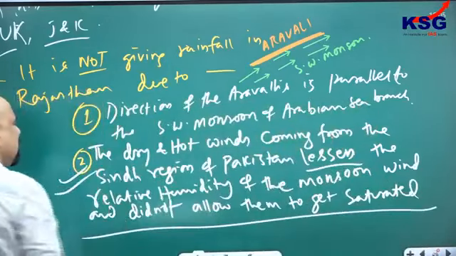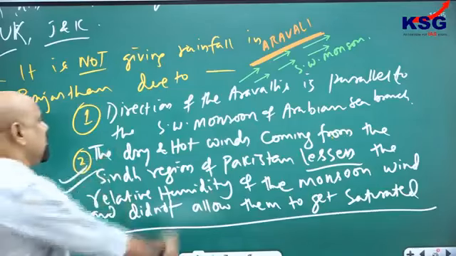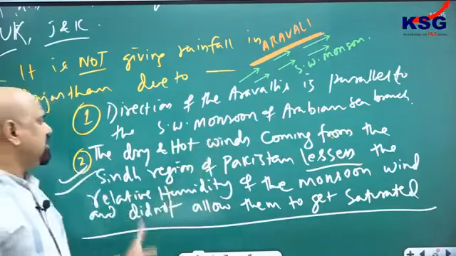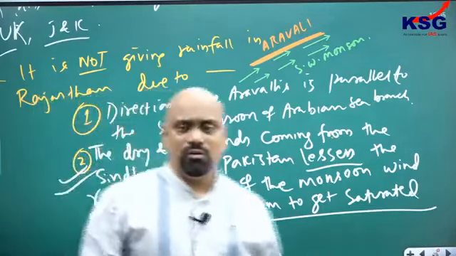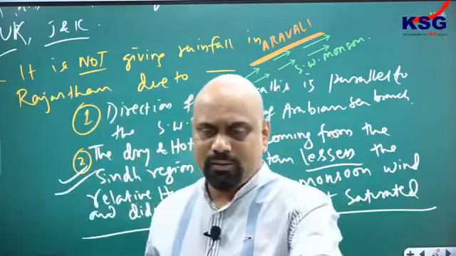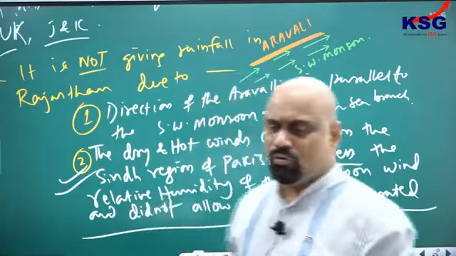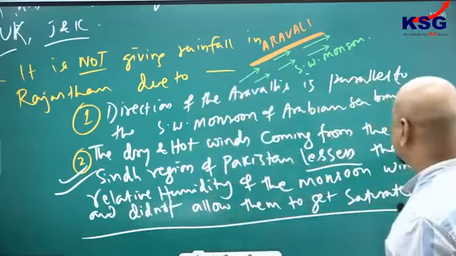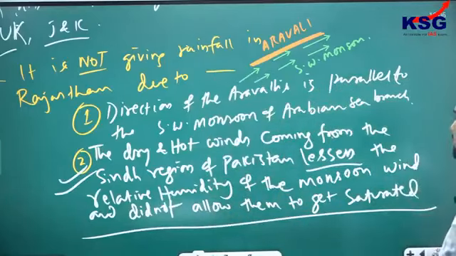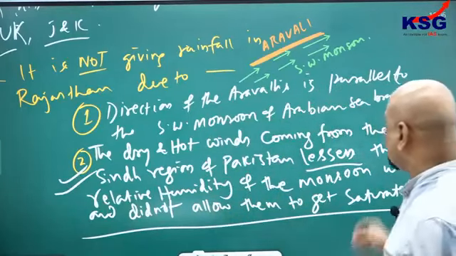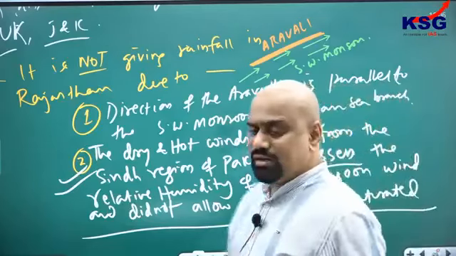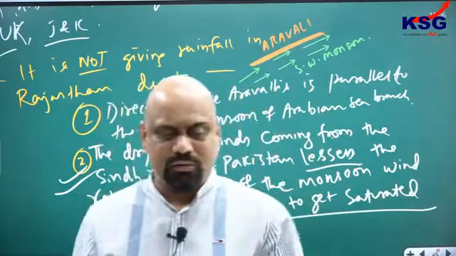Second point is very, very important. The dry and hot winds coming from the Sindh regions of Pakistan, जो सिंध रीजन से आ रहा है, there you have comparatively lower relative humidity, and did not allow them to get saturated. No rainfall will be there.